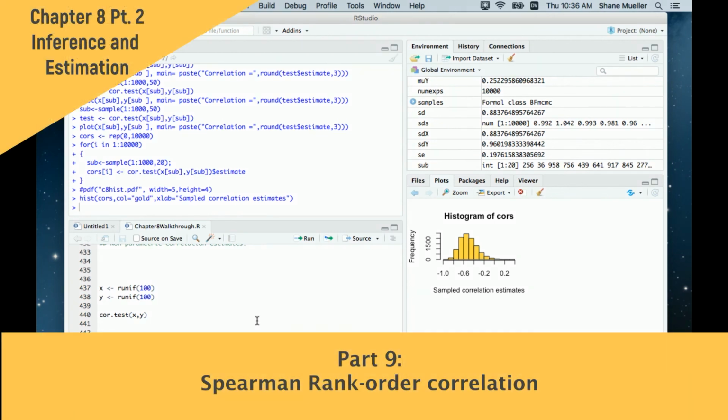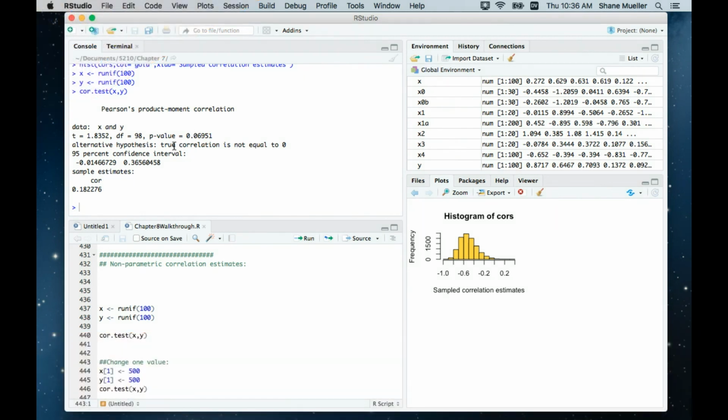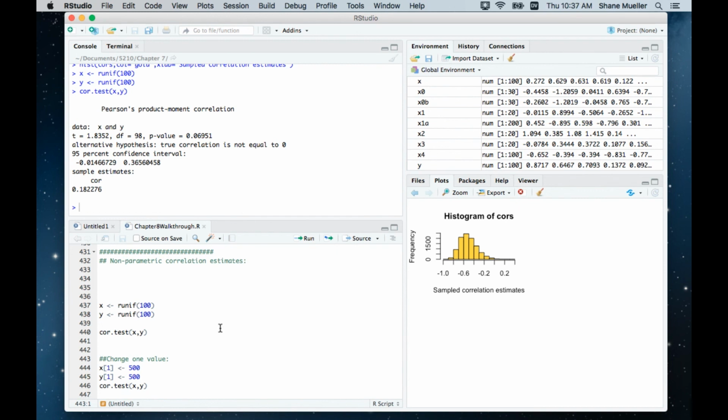Okay, so the core test gives us the Pearson correlation and p-value, and this is the equivalent of a parametric test generally. But what happens if I just change one value? So here I've got things that are just barely marginally significant.